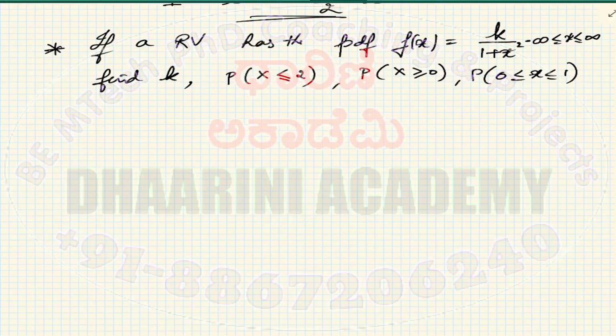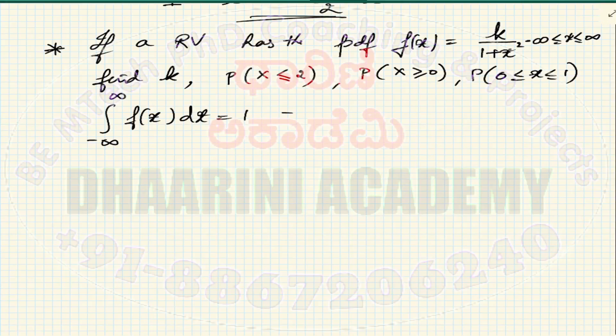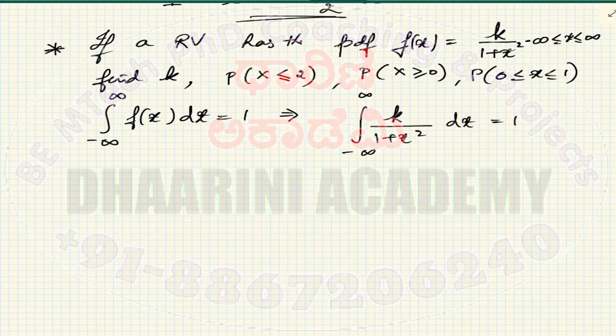So in order to find k, we have to apply the basic rule, that is integral minus infinity to infinity f of x dx equals 1, right? This implies the same integral minus infinity to plus infinity, k divided by 1 plus x squared dx equal to 1. All right, fine.